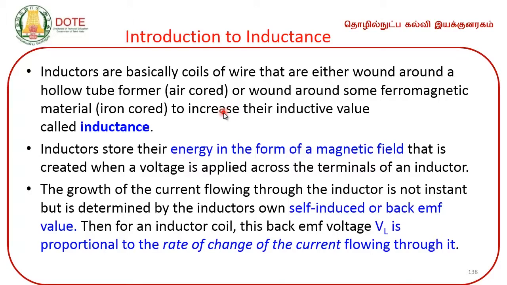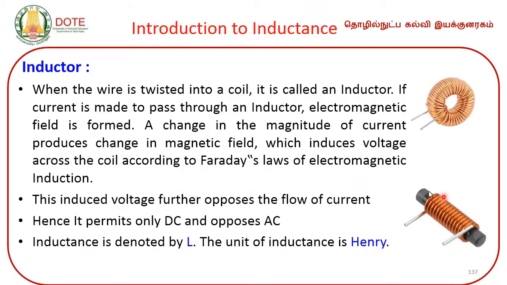If you want a uniform flux in and around the coil, you need to twist the coil over a material called the core. The core must be a flux conducting material, a magnetic flux conductor, which may be a ferromagnetic material, okay. So this is your core, this is the coil.